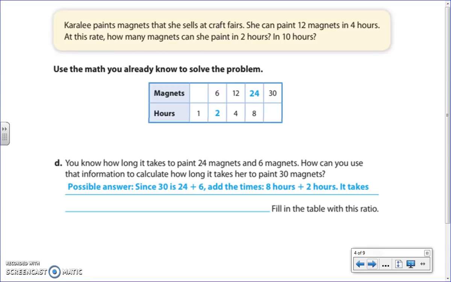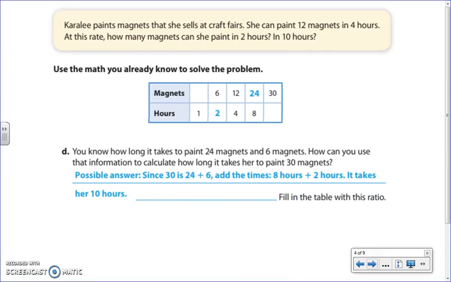I looked at the value of 6 and the value of 24. I added them together to get 30. And so if I look at 2 and 8, I know if I add them together, I can get 10. So 30 to 10. And that's what this is explaining as well.